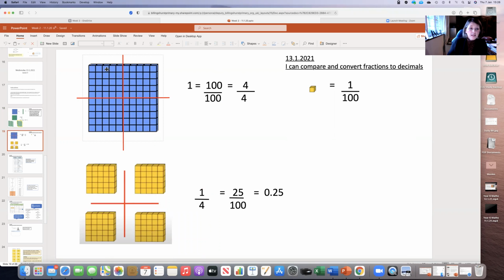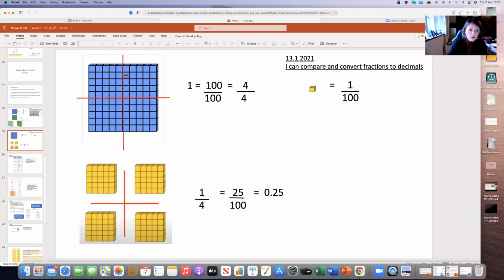But we can also see that we have 1, 2, 3, 4 quarters here. So 4 quarters is also equivalent to 1. If we looked at the same representation in terms of hundredths, 1 quarter is equivalent to 25 hundredths. So that section in there is made up of 25 hundredths.